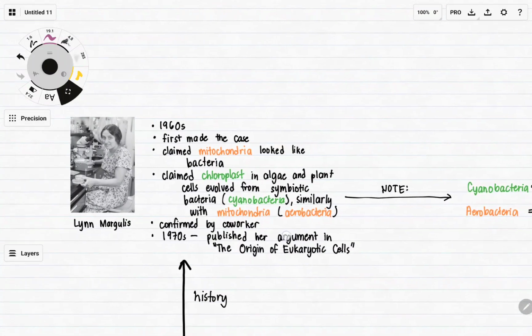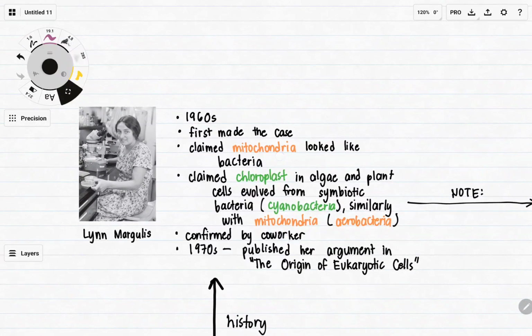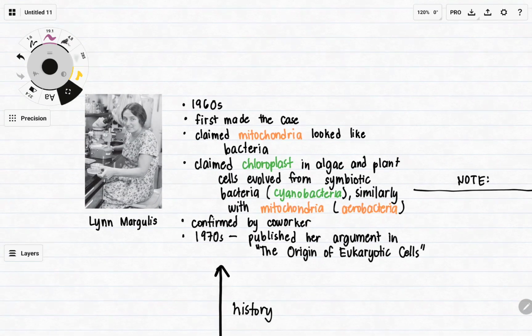This claim of Lynn Margulis was confirmed by her co-workers when they observed a plant cell under the microscope and saw DNA of cyanobacteria in the chloroplast. Margulis spent much of the rest of the 1960s honing her argument that symbiosis was an unrecognized but major force in the evolution of cells.